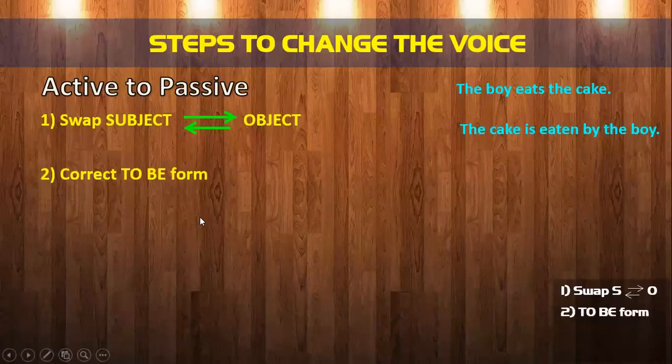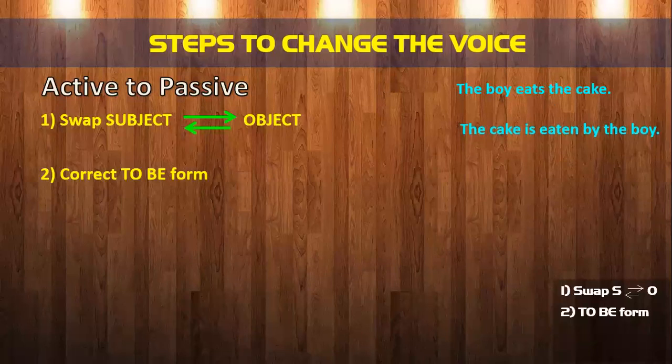The next thing here is correction of the to be form. The to be form is nothing but the helping verb or auxiliary verb. In the active voice, you can notice we do not have any helping verb given. That is, the boy eats the cake. Do we have any helping verb given here?